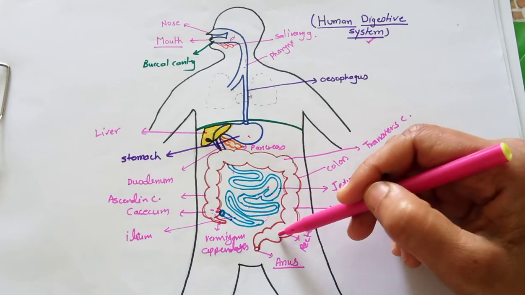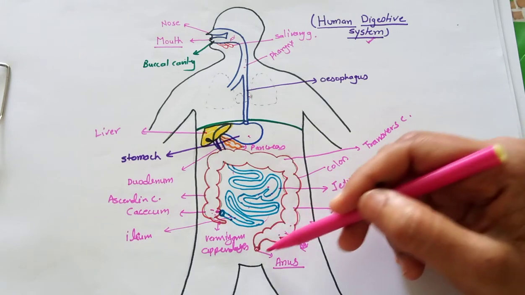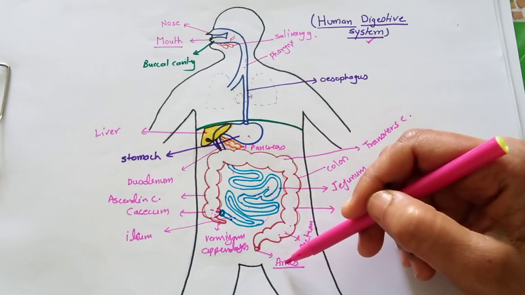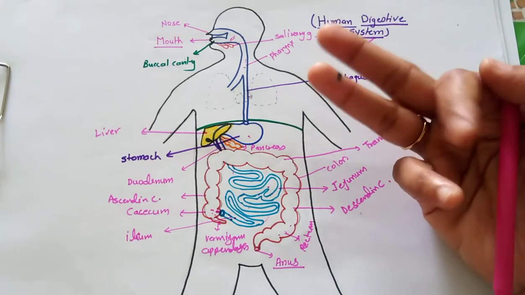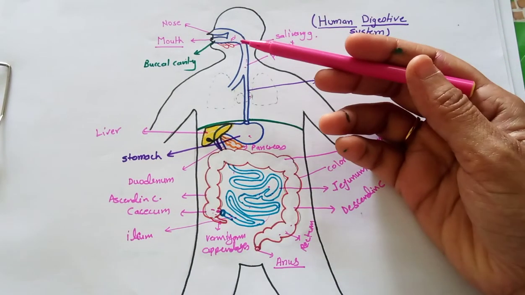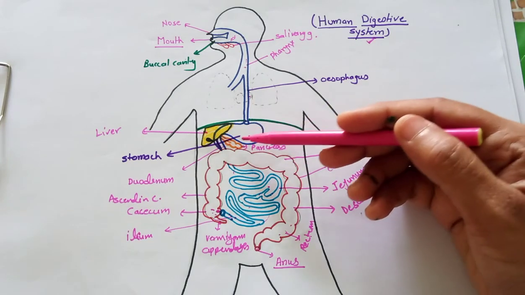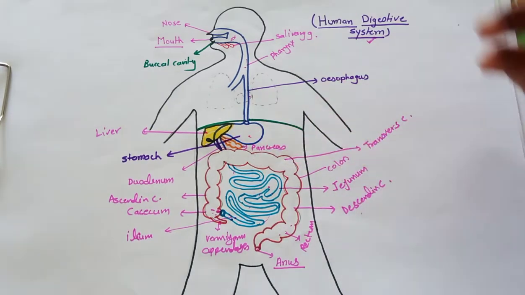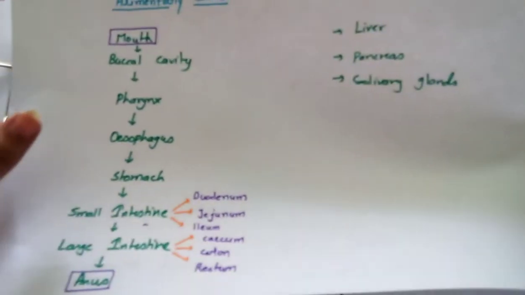Now the descending colon enters your rectum. The rectum is also a pouch-like structure. Then it enters your anus. The anus is the last exit point of your fecal material. So this is all about your digestive system, with three digestive glands: salivary gland, liver, this small gallbladder, and this is the pancreas. This is the complete passage of the digestive system, and these are the digestive glands.